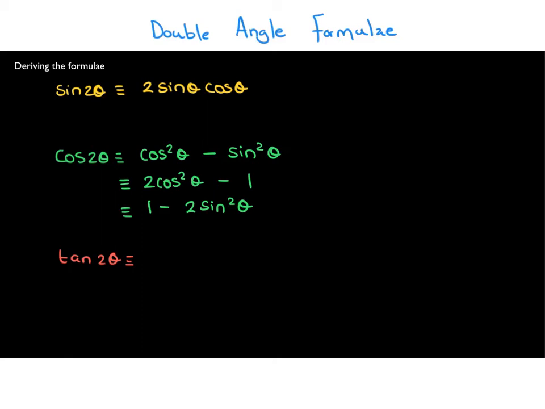So remember, there's three versions of the cos double angle formula. And finally, tan 2 theta is equivalent to 2 tan theta over a denominator of 1 minus tan squared theta.